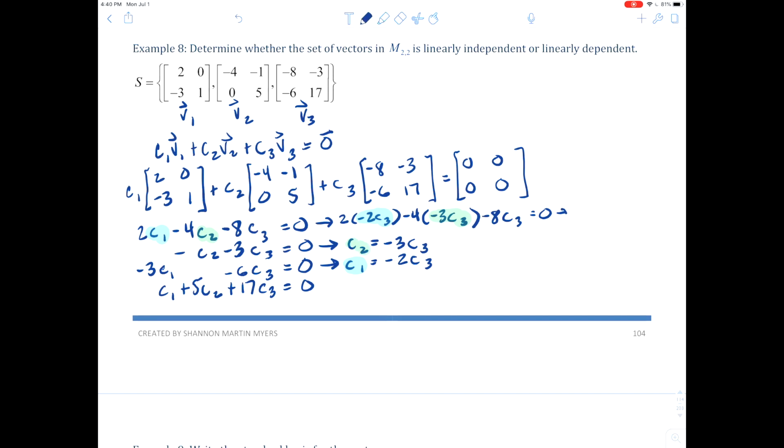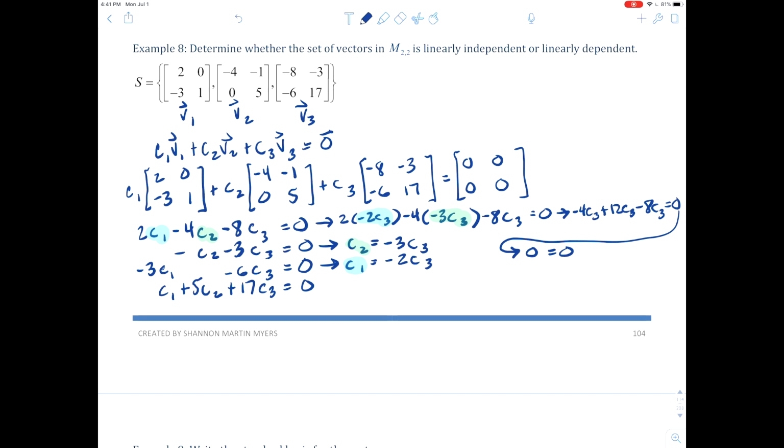And so then this would give us what? So we'd end up here with 0, C3 is 0, so 0 equals 0.